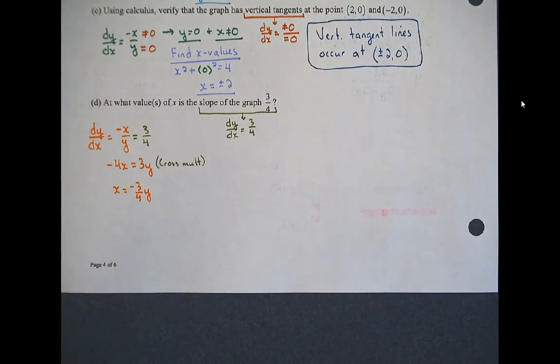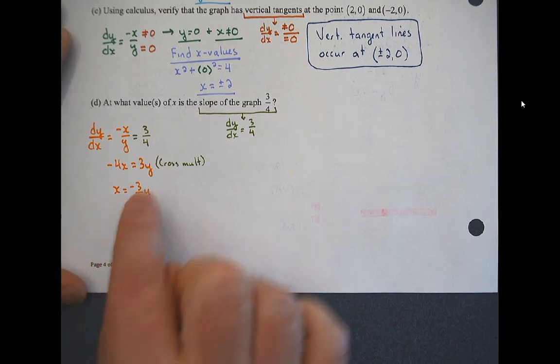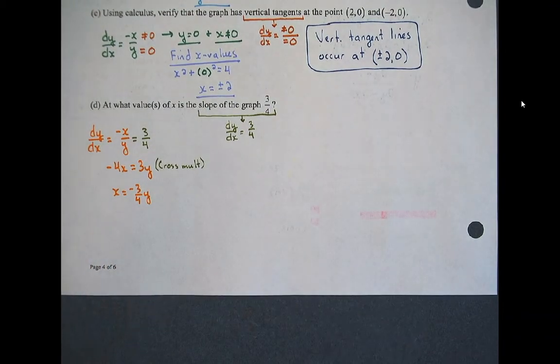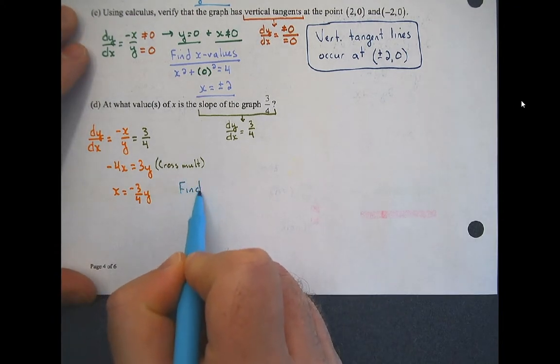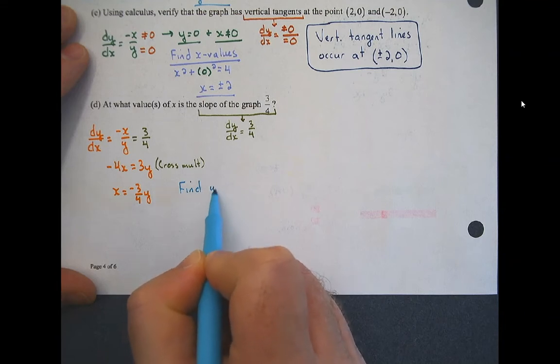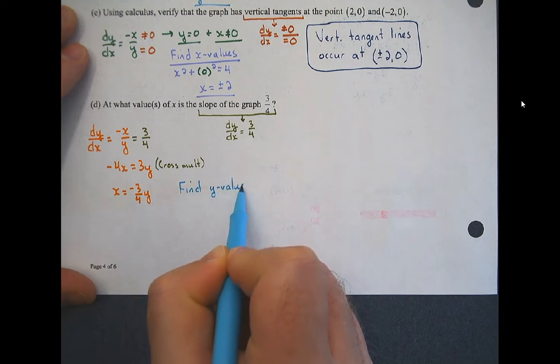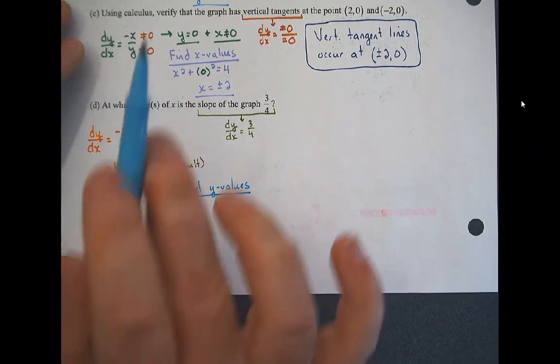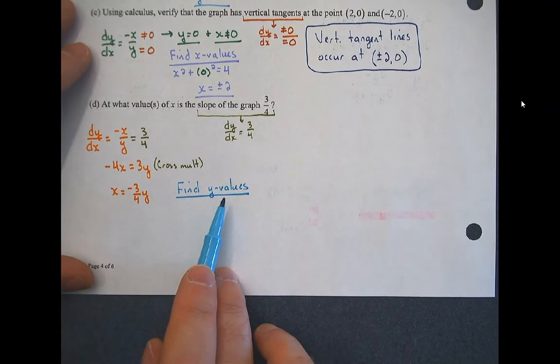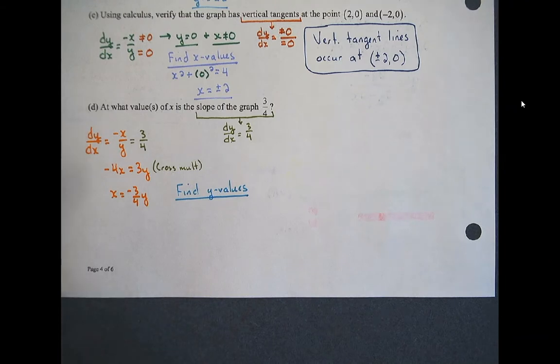Now we have to figure out where those actual points are. So I'm going to find my y values. If I want to find points, I'm going to use my point machine, which is the equation.